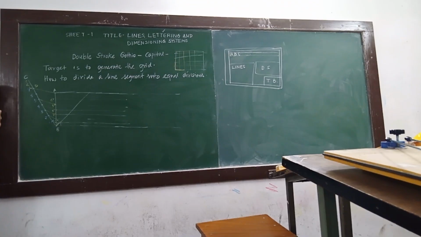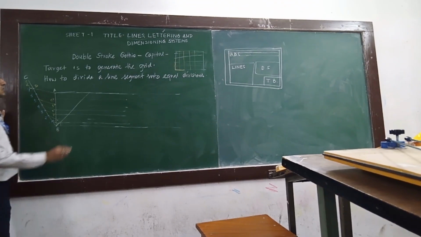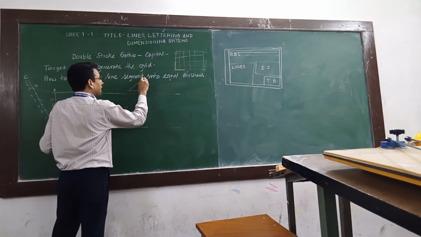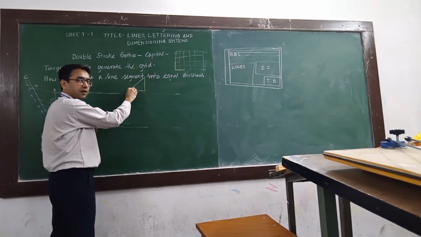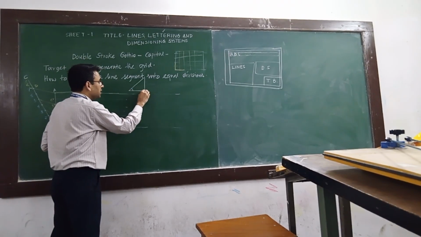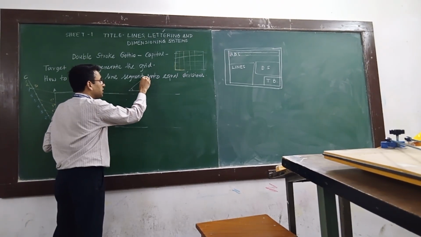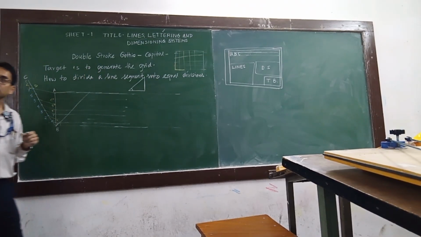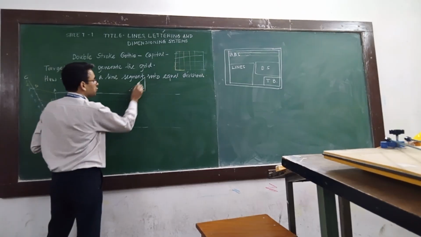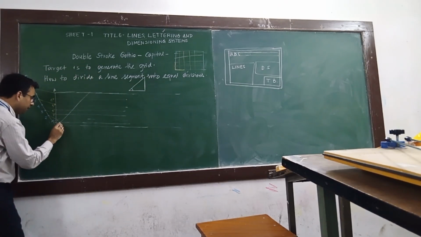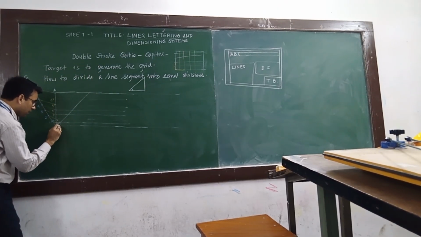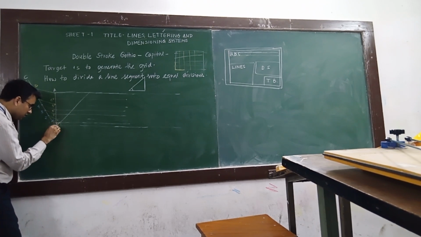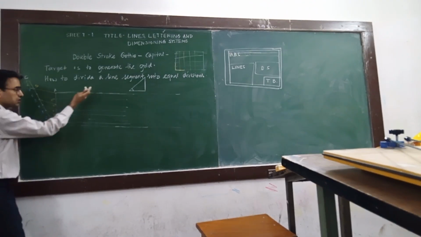Now what is the utility of this? 45 degrees means you will see that this is a square. So the diagonal of a square is 45 degrees. So because of the 45 degrees, this line and this line are the same. So it is an isosceles right-angle triangle. Clear? So therefore, if I draw a line, I can simply get this division projected here because of this 45-degree line.